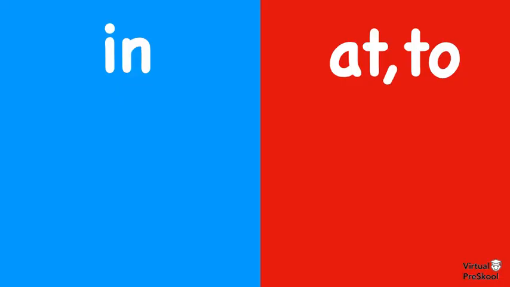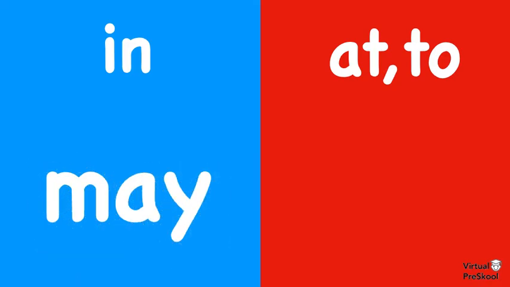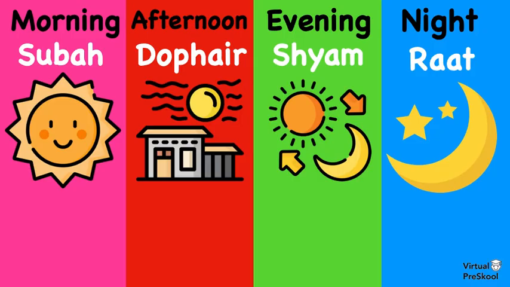And to use these in a sentence, we need conjunctions, connector words, such as in and at or to. To say in Hindi, we say mein. And to say at or to in Hindi, we say ko. So now let's put this all together. Here's how to use them with the times of day.